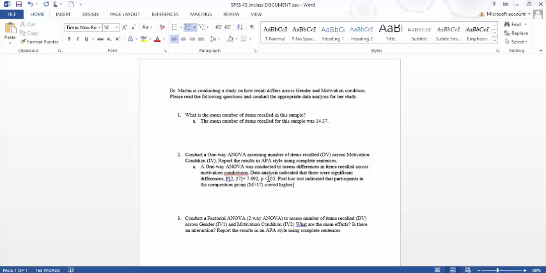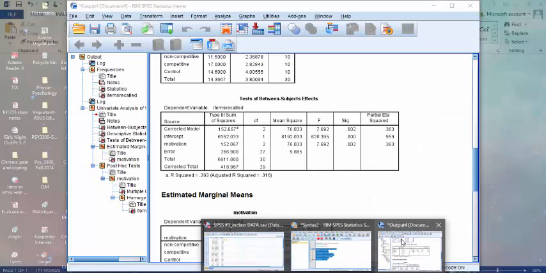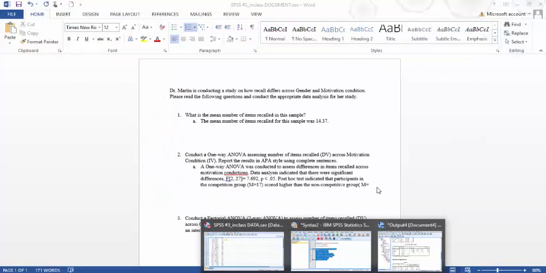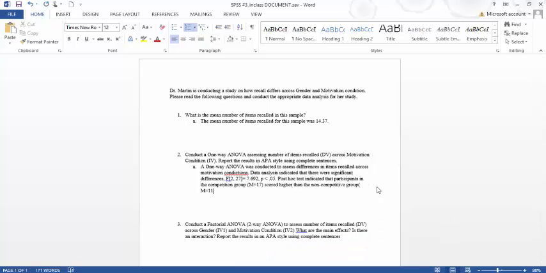Scored higher than the non-competitive group. Also quote that mean, and their mean number of items recalled was 11.5. And we are done with reporting our one-way ANOVA.